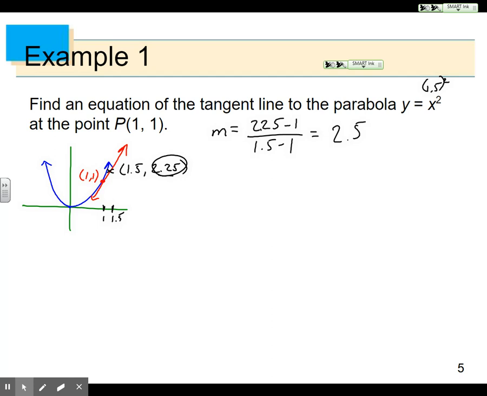Well, that's good and all, but I think I can get this x to be a little bit closer to my dot right there. So maybe if I just get really close to it, like right there. So now I'm going to say I'm at 1.1 on the x-axis.